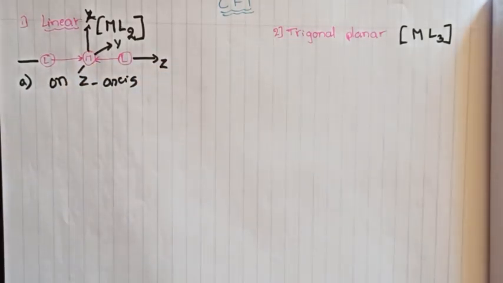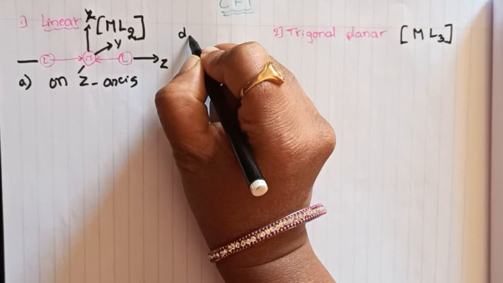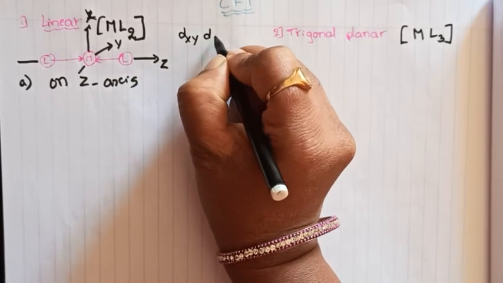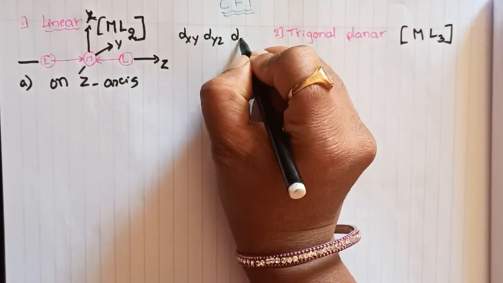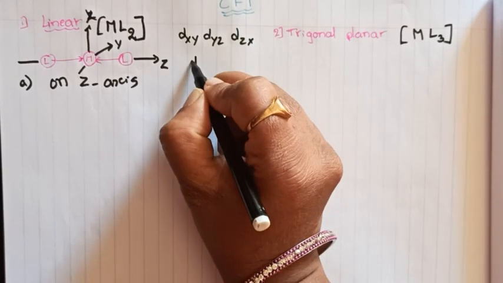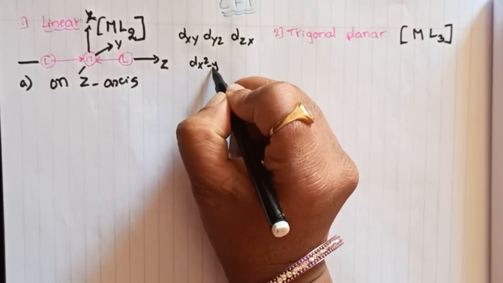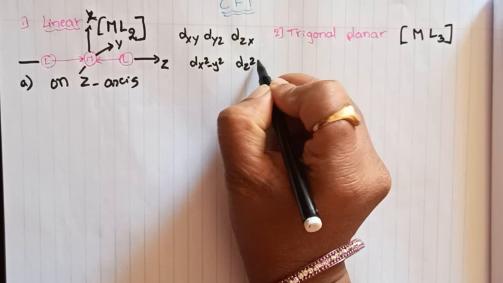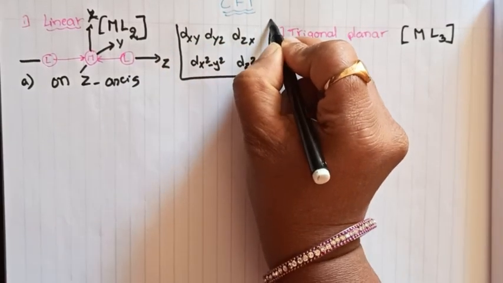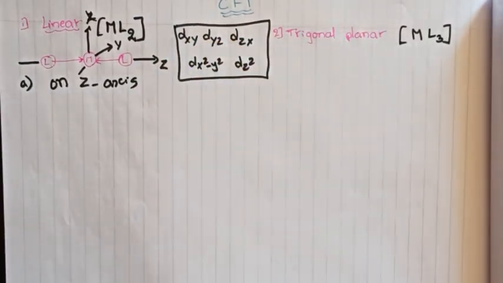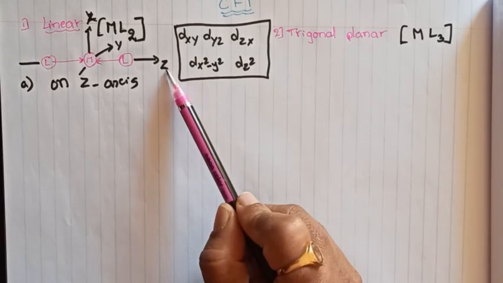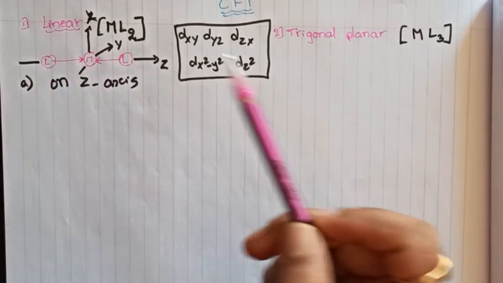Now we know there are 5 d orbitals: dxy, dyz, dzx, dx square y square and dz square. These are the metal 5d orbitals. And here you see the ligand approaches on the axis.